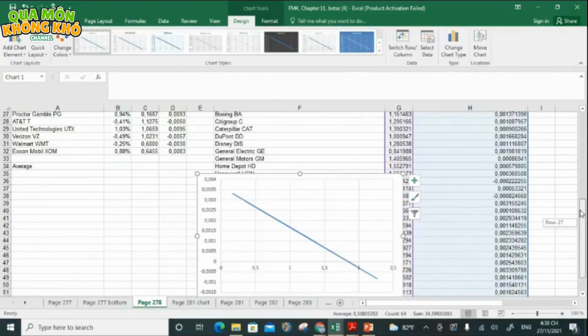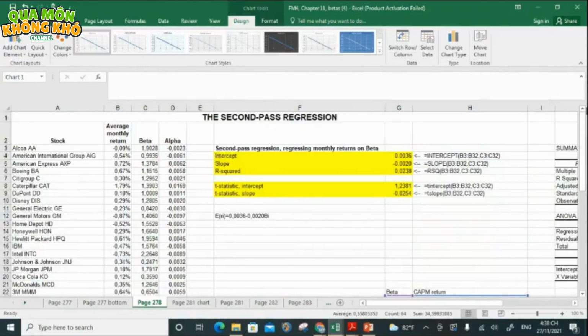You can show the statistics of our second pass regression. Here, the R-square is just over 2%, and the slope is negative, which means the line slopes downward. So it's not appropriate to our theory in this situation.